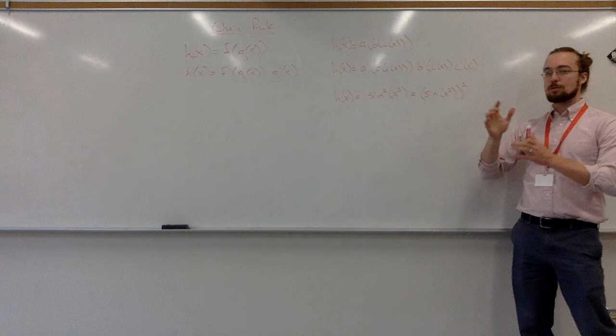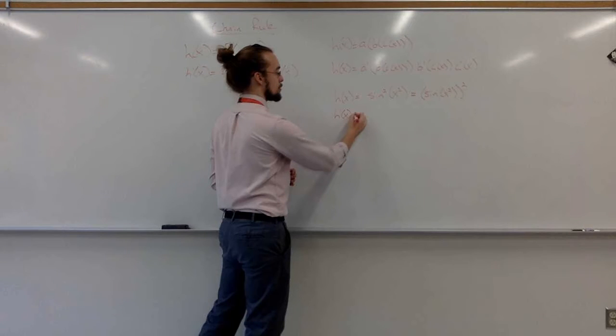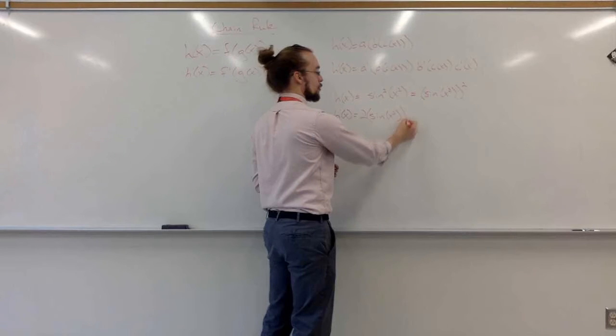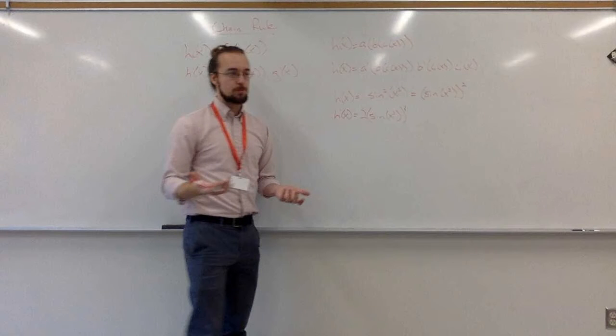So if I want to take the derivative of this, h prime of x, my outermost layer is this square. So the first thing I'm going to do is use the power rule. Bring my 2 down. So 2 times sine of x squared. And then I'm going to write it like this just so we can see what's happening. I'm going to subtract 1 from the exponent.